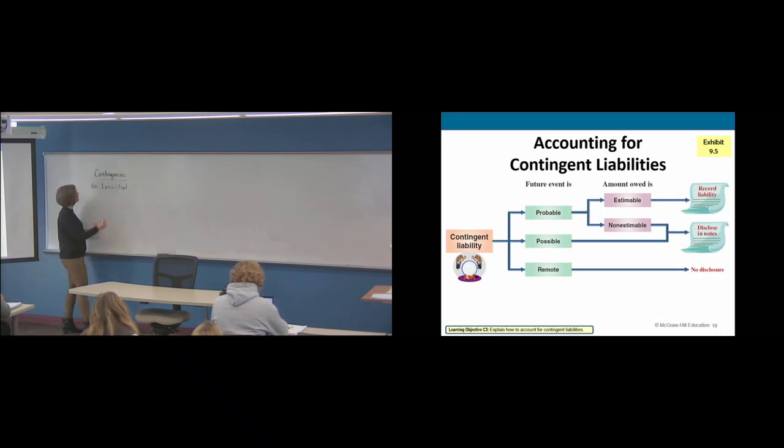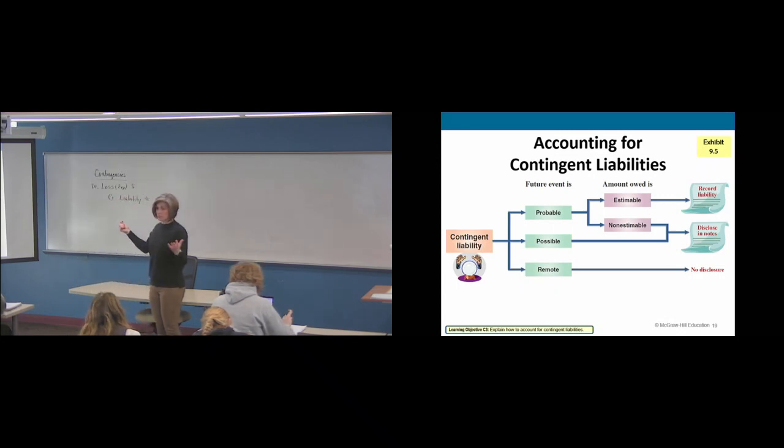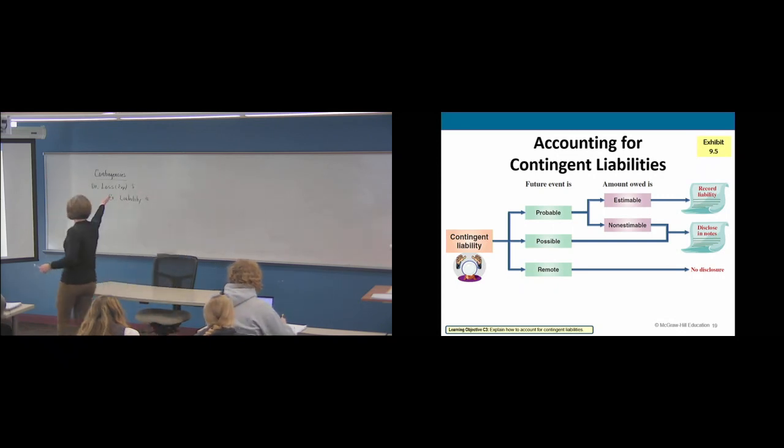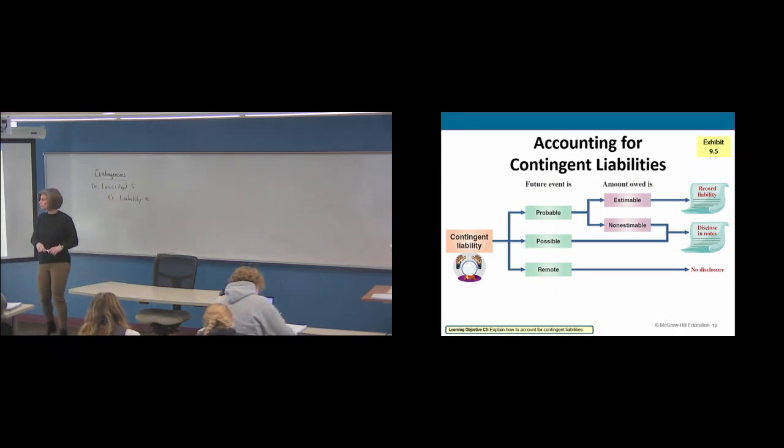Loss on something. And we credit some liability account. This chapter, as I mentioned before, is all about liabilities, is it not? So every credit that we're pretty much dealing with is a credit to some liability account, right?